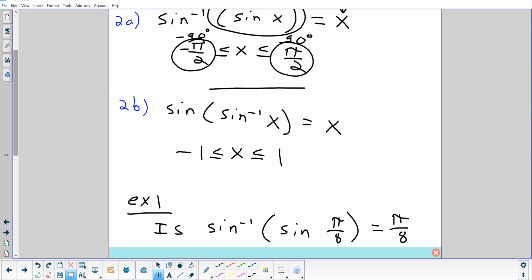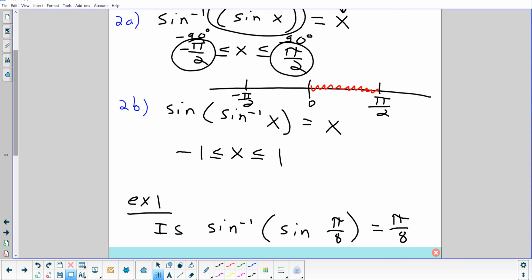So, think of negative pi over 2 to pi over 2 as a number line. Pretend like negative pi over 2 is here. Positive pi over 2 is exactly the same distance away on the other side. Well, we know pi over 8 is positive. So the question is, is pi over 8 somewhere in there?